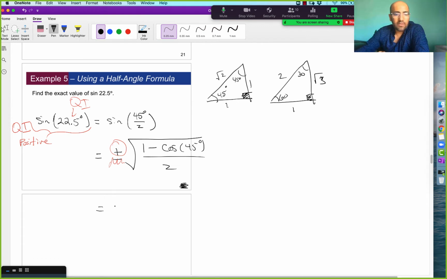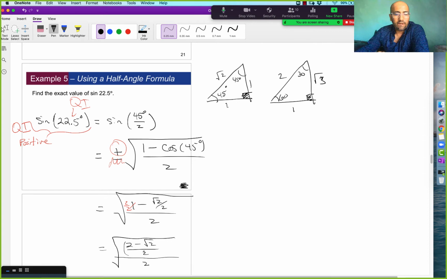So this is going to be equal to the square root of (1 minus root 2 over 2) divided by 2. So now it's just a little bit of algebra to simplify this. We need a common denominator up here, so let's multiply this by 2 over 2. We'll end up with (2 minus root 2) over 2. The whole thing gets divided by 2, and it's inside this root.